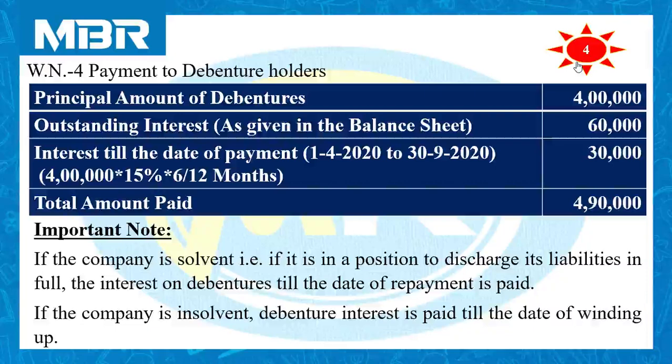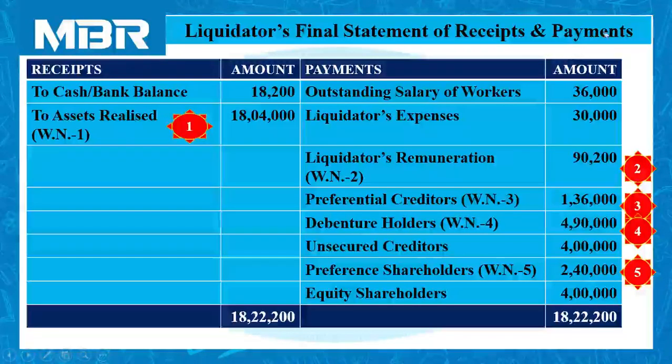Now transfer these 4,90,000 to payment side of liquidator's final statement of receipts and payments. Debenture holders, working note number 4, total 4,90,000. Then unsecured creditors, check liability side of the balance sheet.